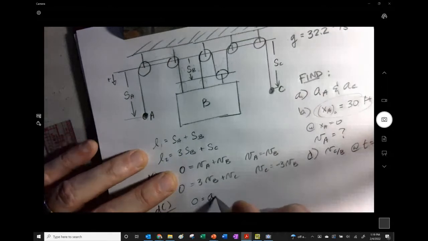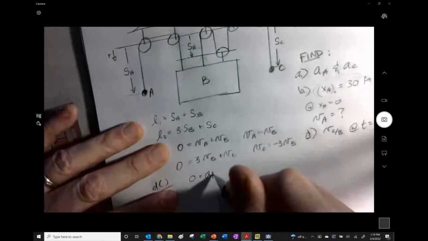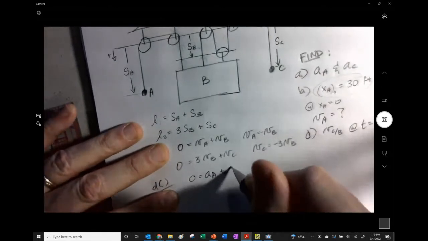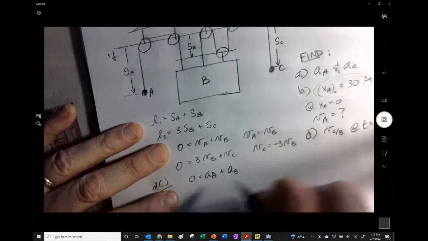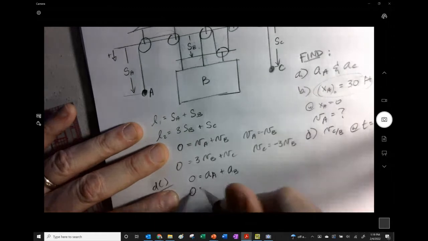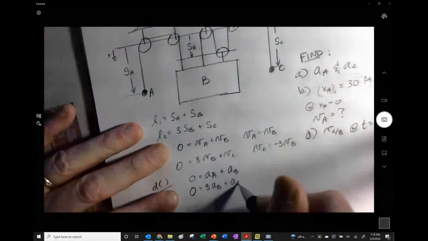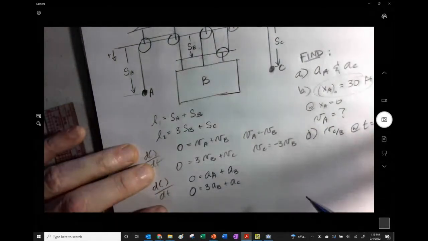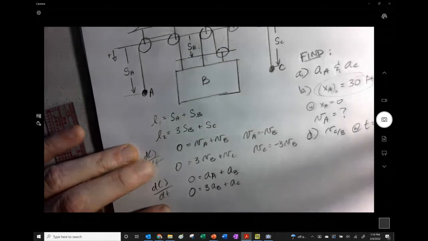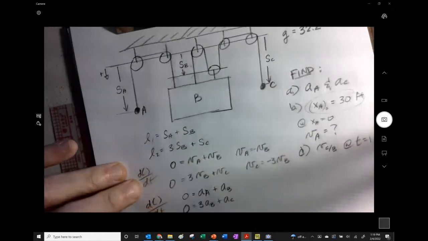Is there any more questions? I have a question. Once you take the derivative of your lines, what made you choose relationships like VA is equal to negative VB and VC is equal to negative 3 VB? What instinct did you have for that relationship?